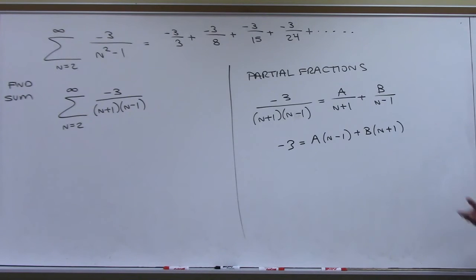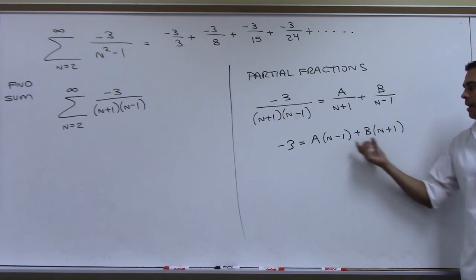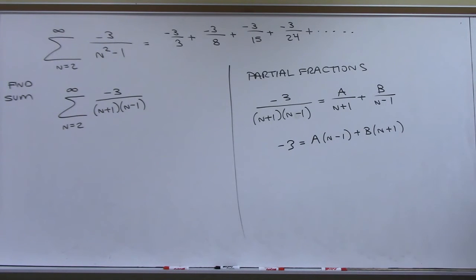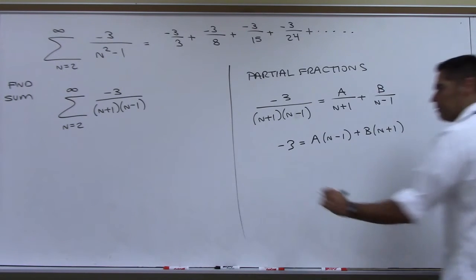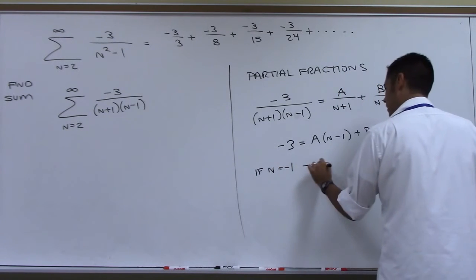Then you could say, let's kill off B. Let n be -1. I thought I made this where it was going to work out nice. Okay, if n is -1, what do we get?